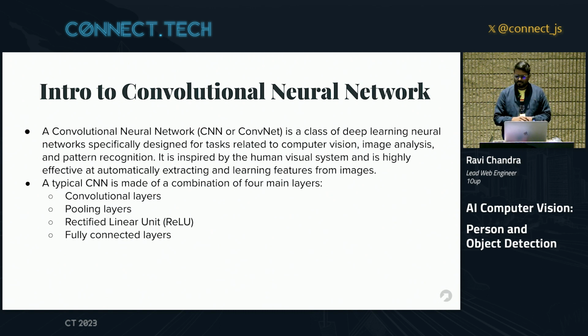We have multiple layers, so that each layer is responsible for different types of things. We look at the four main layers here. We have the convolutional layer at the beginning, which does most of the image processing, and then we have pooling layers, which do some part of the data extraction, and then we have a rectified linear unit, which is also referred to as ReLU.